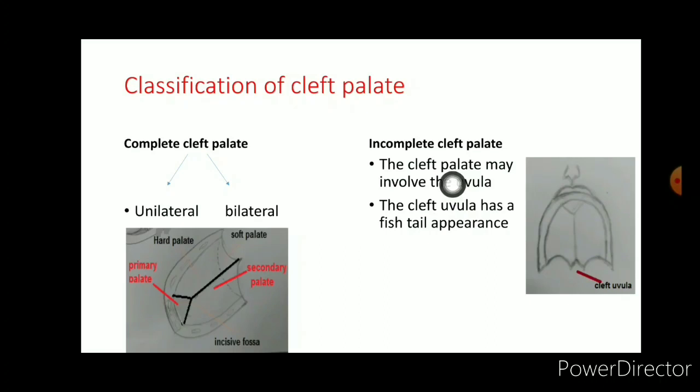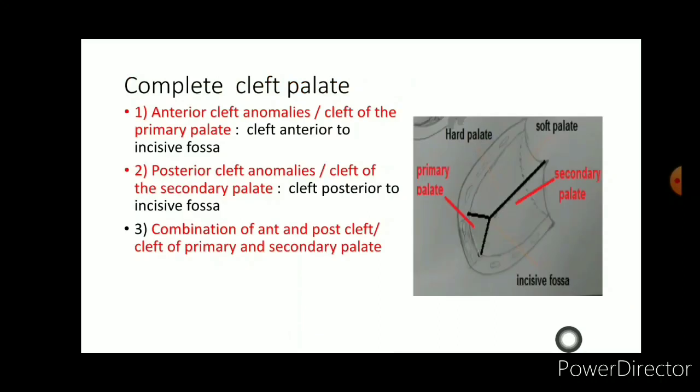Incomplete cleft palate. The cleft palate may involve the uvula, or it may involve the soft palate or hard palate. Cleft uvula has a fishtail appearance. Now, complete cleft palate is further classified on the developmental basis. As you know, the incisive foramen divides the palate.